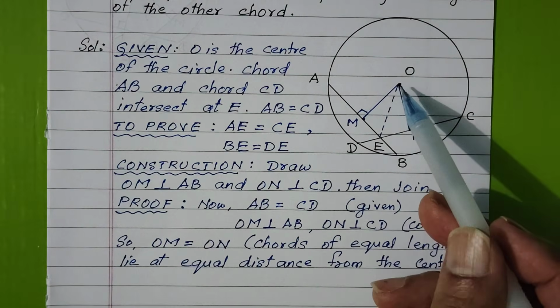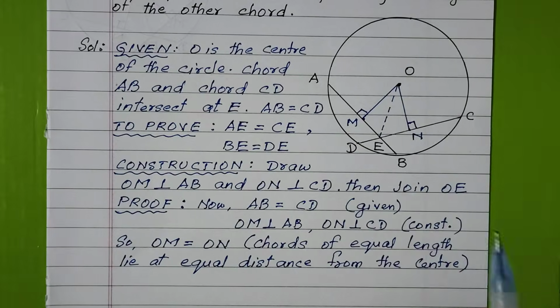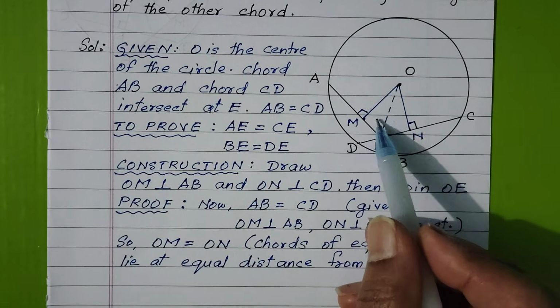We have proved OM is equal to ON. Next we will take the two triangles and prove them to be congruent.